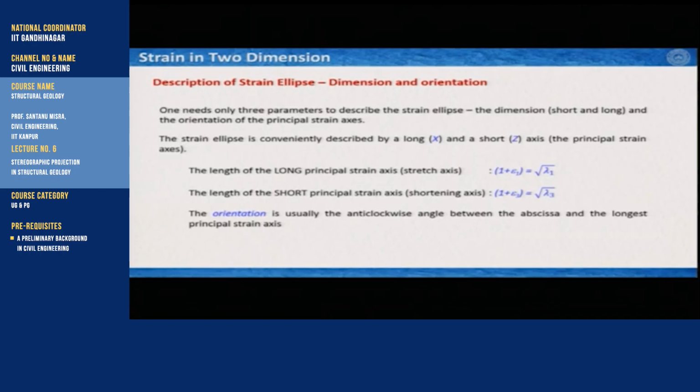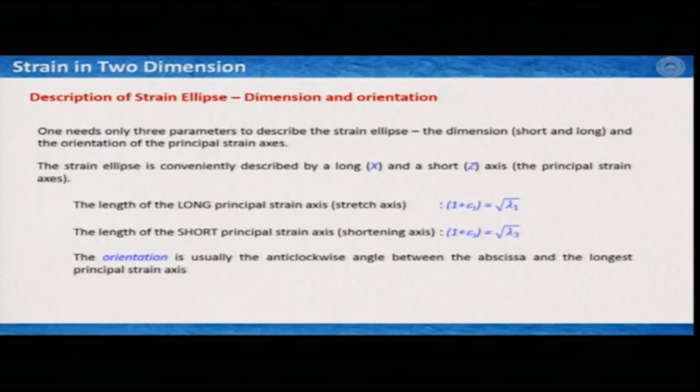So 3 parameters are required to describe a strain ellipse: the dimensions, which are the long axis and short axis, and also the orientation of the principal strain axis. So the strain ellipse is conveniently described by a long and short axis.